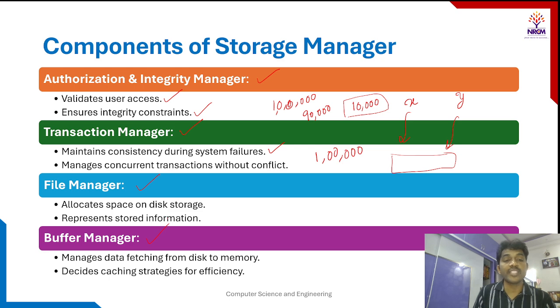And the file manager allocates the files in the disk storage and represents the stored information as well. Next, the buffer manager manages the data fetching from the disk memory and decides the caching strategies for efficiency. Got it? These are the components of the storage manager.